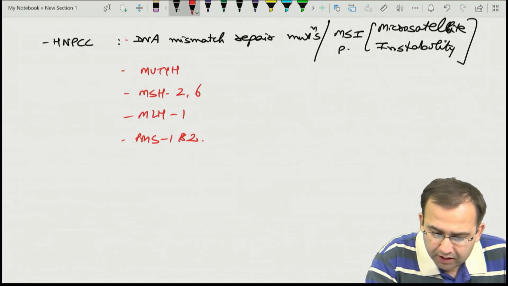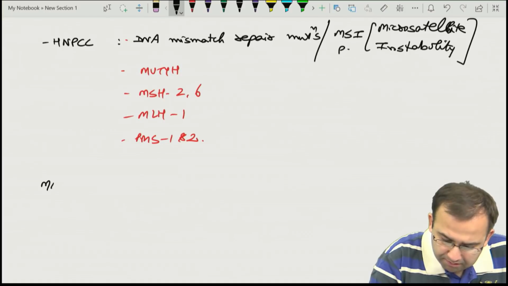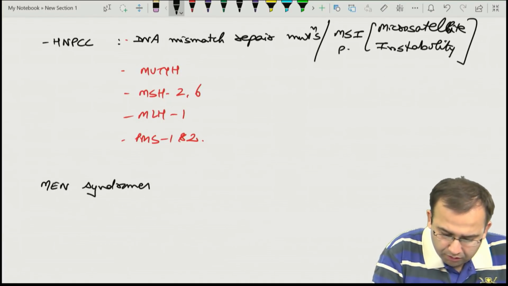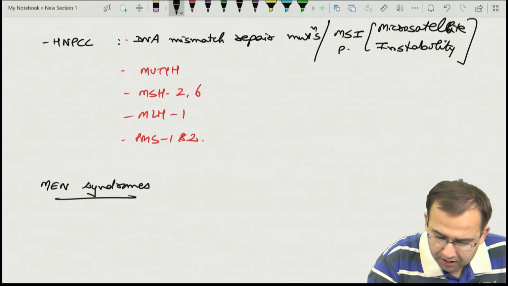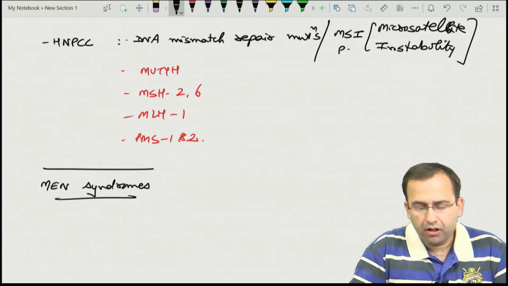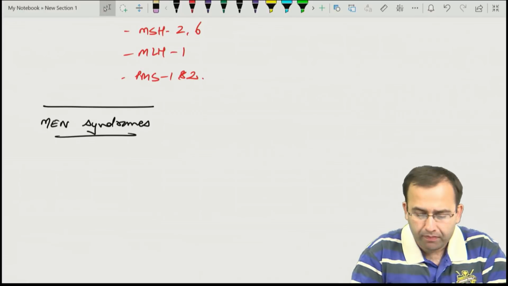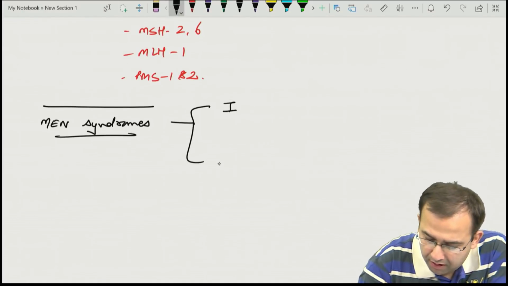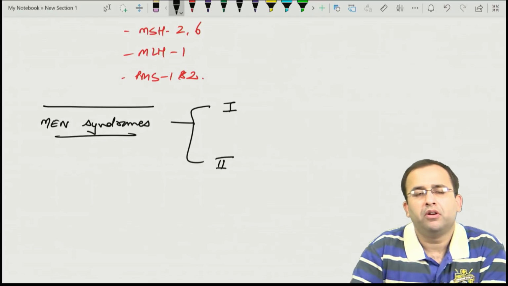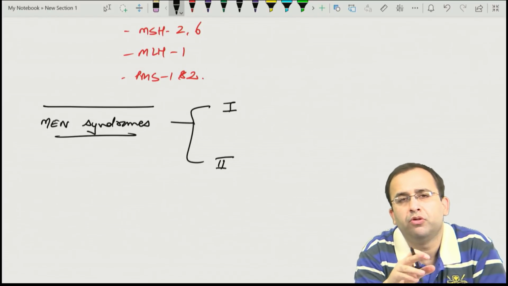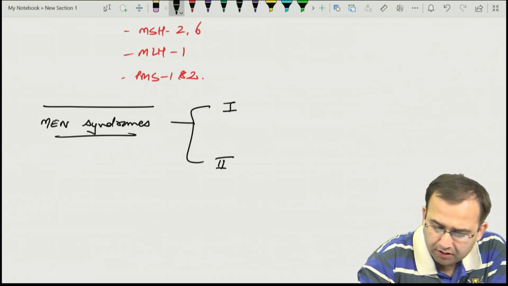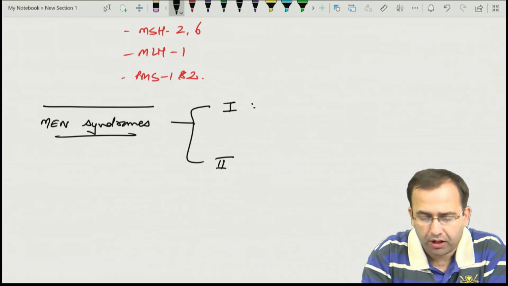Next, the next gene mutation is MEN syndromes, multiple endocrine neoplasia. MEN is of three types: MEN 1, MEN 2A, 2B. I am not interested in subdividing it into 2A, 2B. It is the same gene mutation. I am not even concerned with the organs involved here, just the gene mutation.